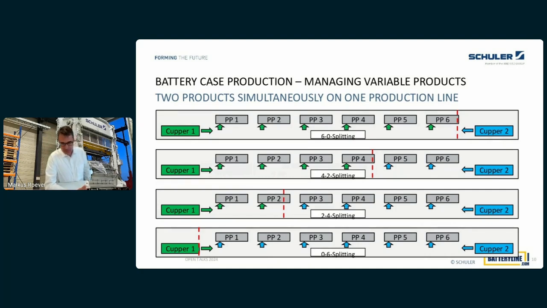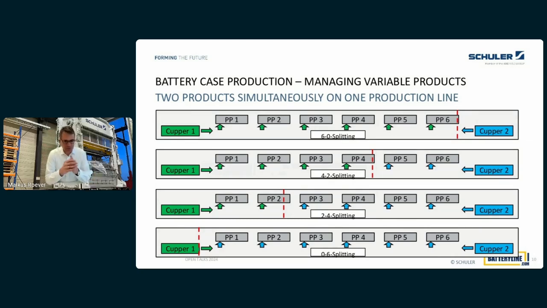So we said, okay, we should not give up this big advantage of a small footprint, high productive line with fewer operators. But on the other side, we have to add flexibility to run 2 products at the same time. I have to mention it was also required to run 2 products at the same time, the same day, simultaneously.